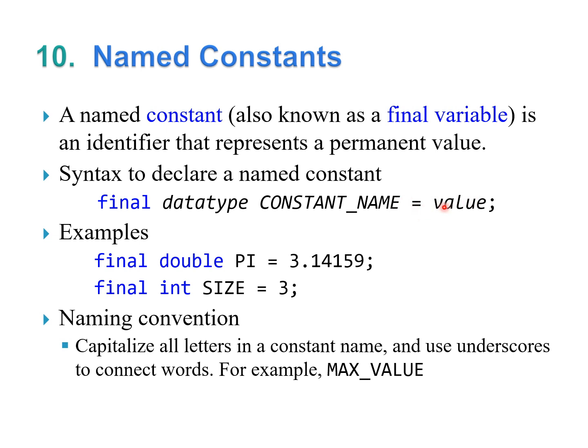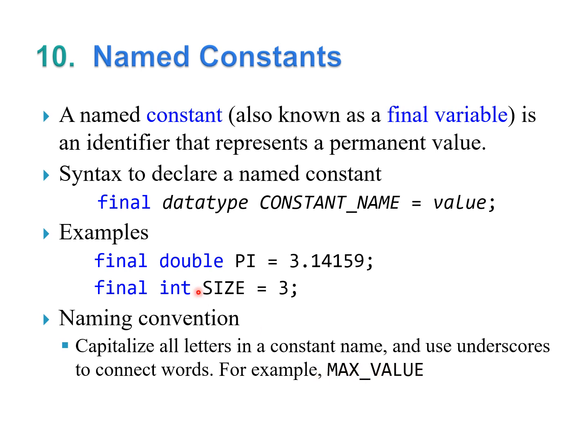By convention, you should capitalize all letters in a constant name and use underscores to connect the words, such as in the name MAX_VALUE. Although you can use any valid identifier to name a constant value, you should follow this naming convention for good programming practice.